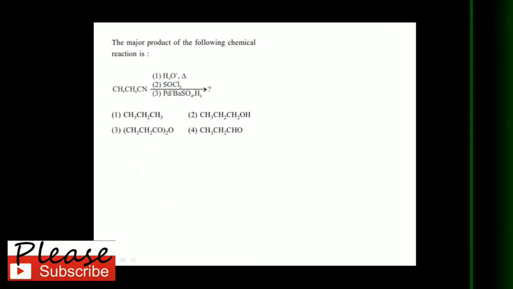Next, the major product of the following chemical reaction. Here, the cyanide on hydrolysis gives a carboxylic acid, COOH. Now, on reaction with SOCl2, the product is COCl. And here, palladium on barium sulfate with H2 is the Rosenmund reduction. The COCl is converted to CHO. So, the answer is 4.